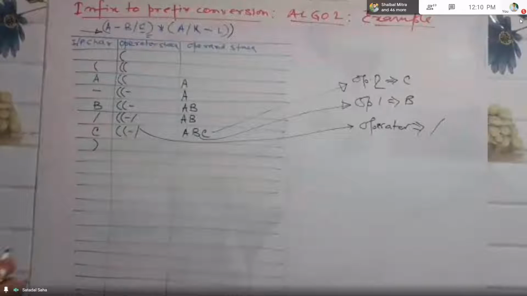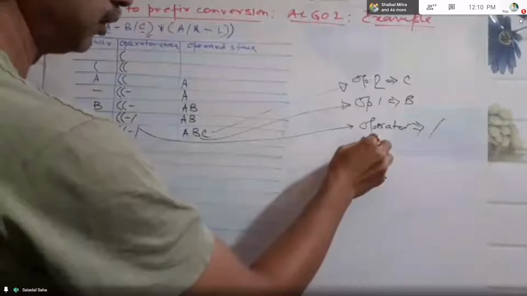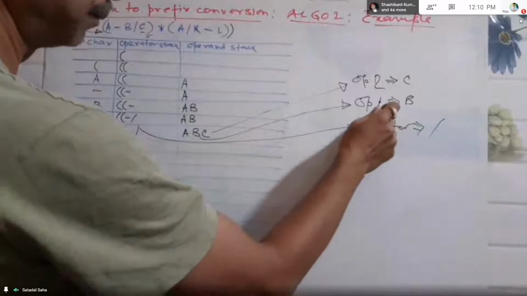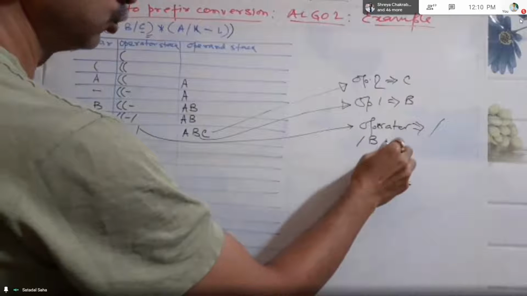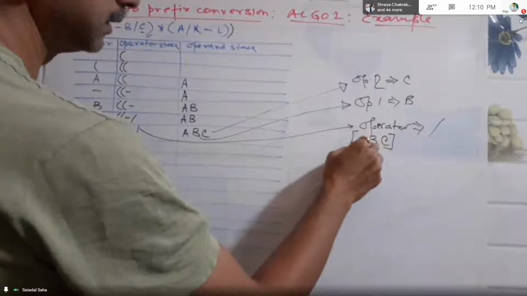It is a slash. So now you will have to concatenate. That means concatenate the operator with operand 1 and operand 2. So first will be the operator. Then you will have to put operand 1, that is B. Then you will have to put operand 2, that is C. So this is the effect of concatenation after this division sign is popped.